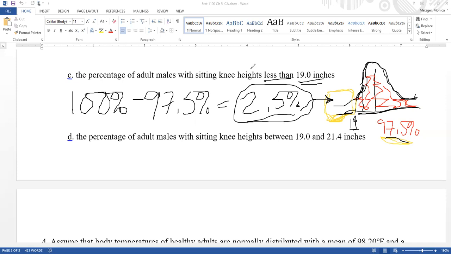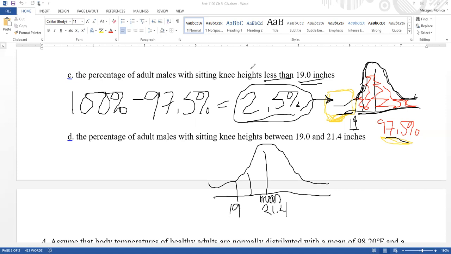Moving on to part D, it says, okay, now let's find the percentage of adult males with sitting knee heights between 19 and, so this is our mean, and the mean was 21.4. We're looking for between 21.4 and 19. So we worked with this already, right?